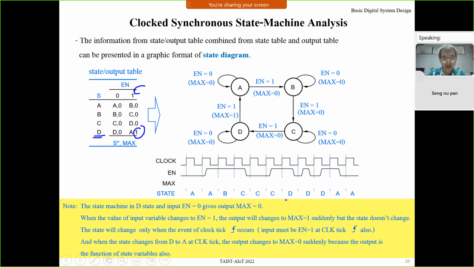So you find state D, and when the input is 1 at here, here, and here, the output is 1 at here. For another period of time, the output is 0. So the output of the circuit becomes like this timing diagram.